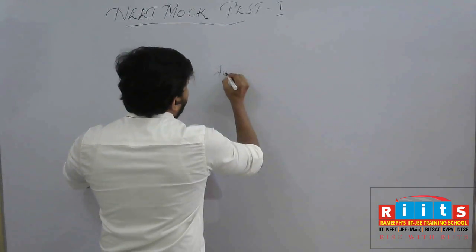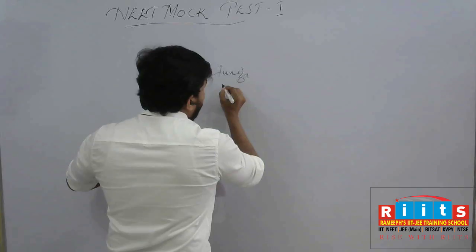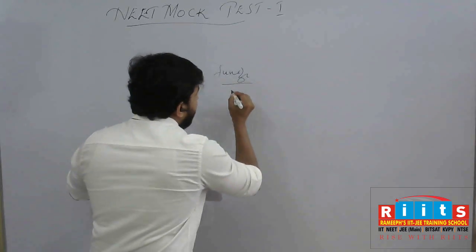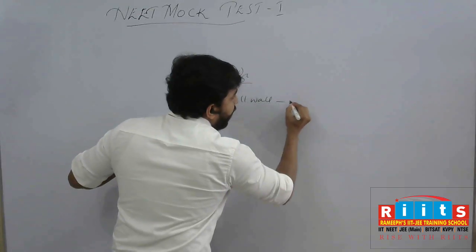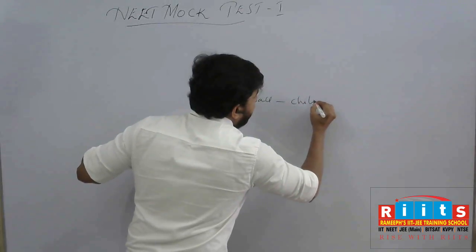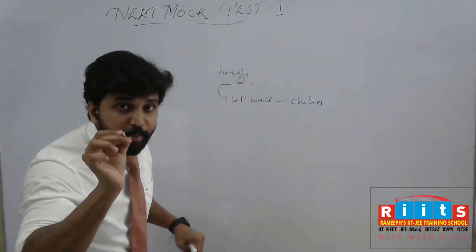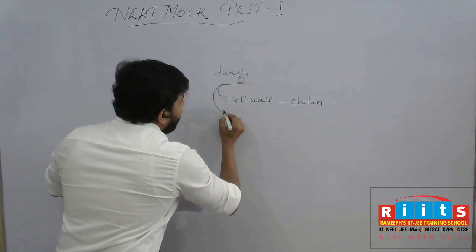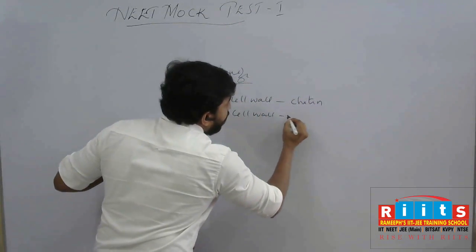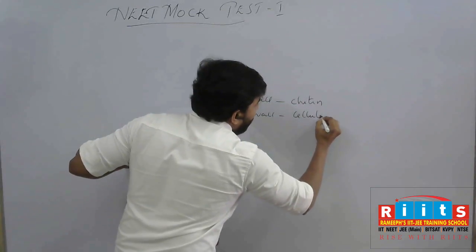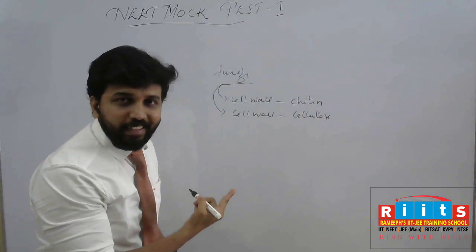Listen students, fungi have a cell wall material called chitin. But in some members of fungi, the cell wall is made up of cellulose. That's the thing.